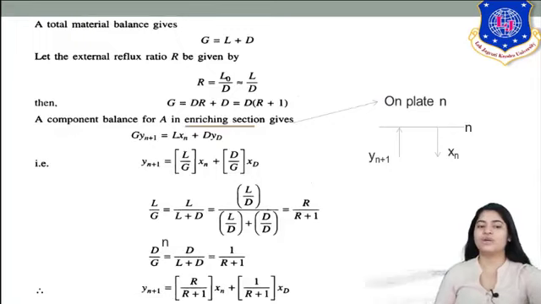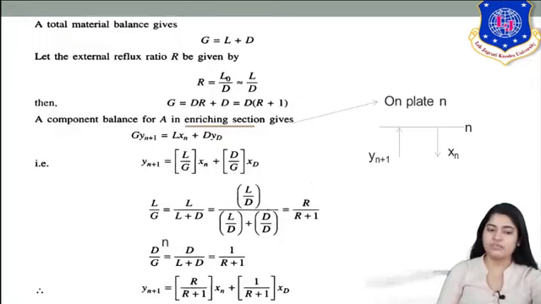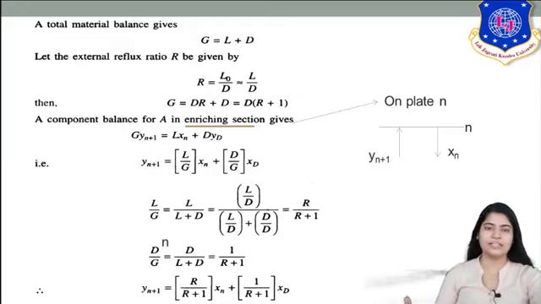So the amount of A entering, G, the flow rate of vapor, into Yn plus 1 is equal to L Xn plus D XD. This is your component balance which you have to remember by heart.